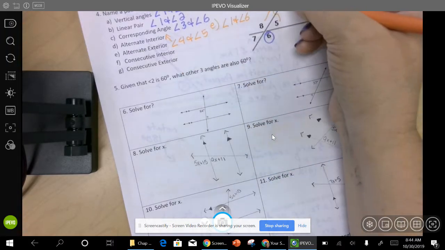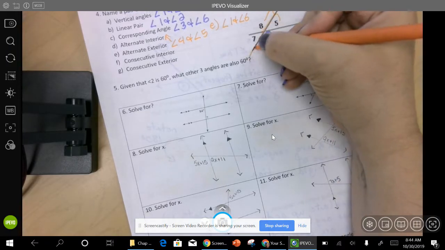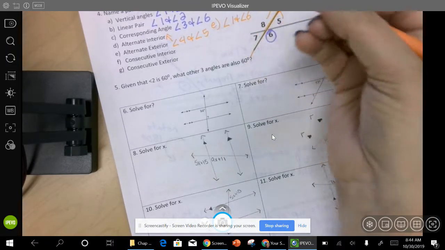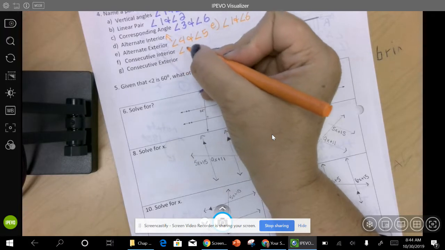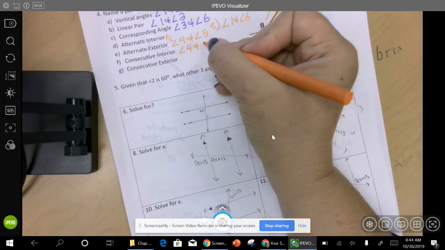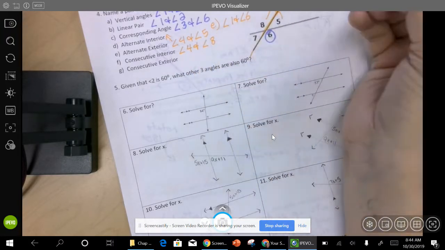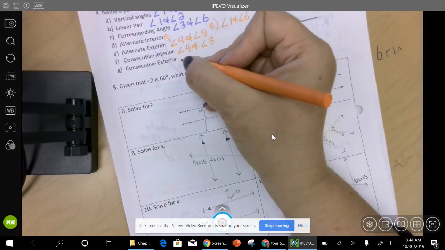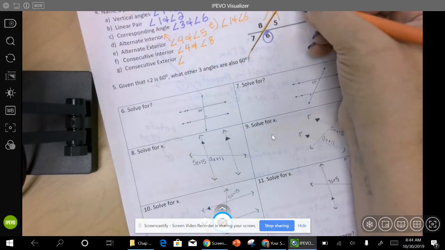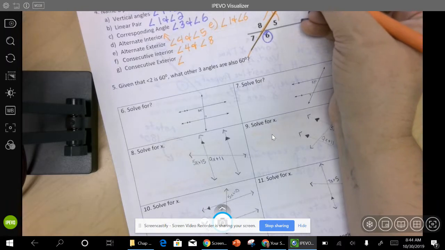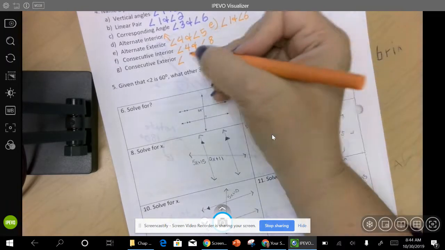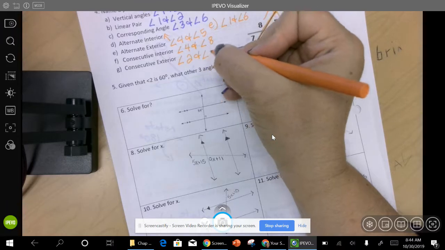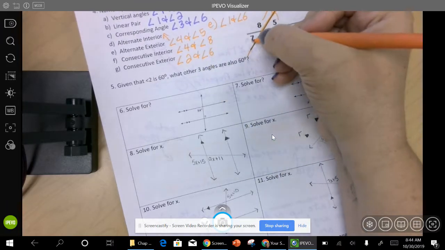Consecutive interior means the same side of the transversal on the inside. So angle 4 and angle 8, and they are equal to 180. Consecutive exterior: angle 2 and angle 6, and also angle 1 and 7.